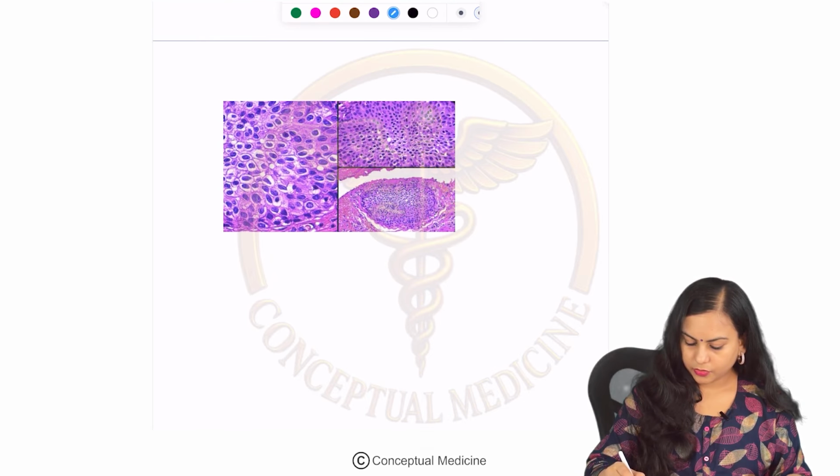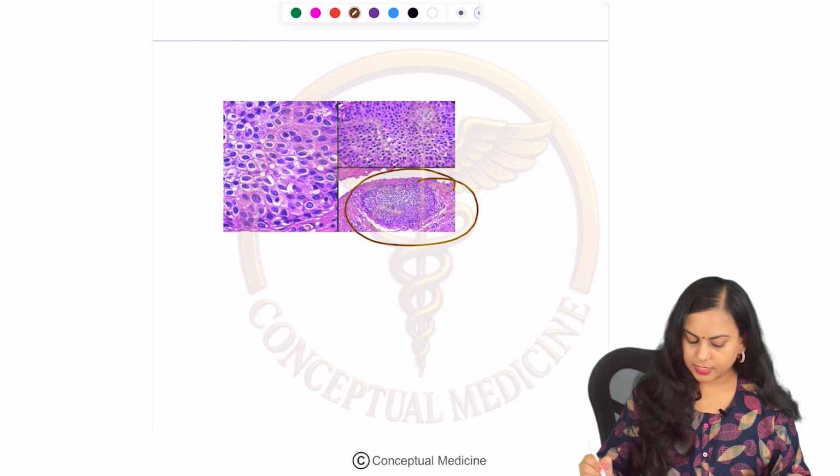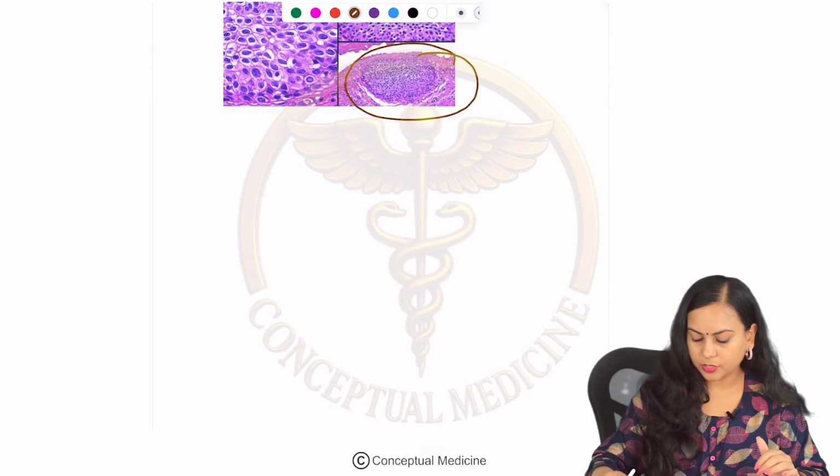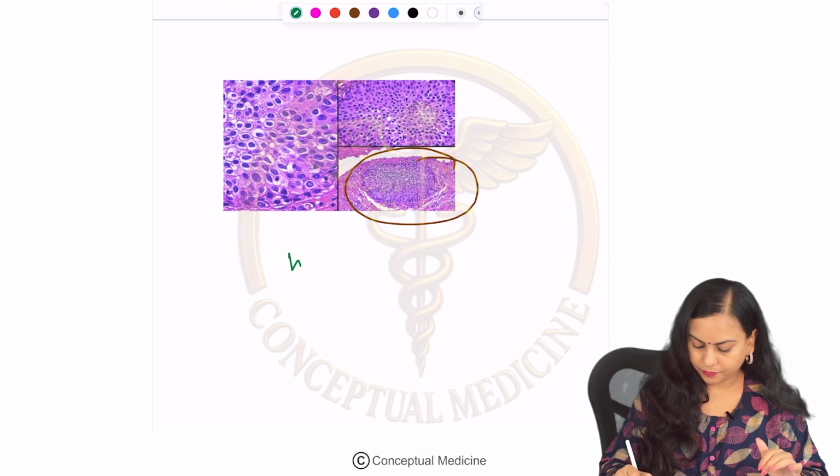Next one is this picture. You are able to see a nest of cells here. So what is it? Yes, it is going to be a Walthard cell nest.